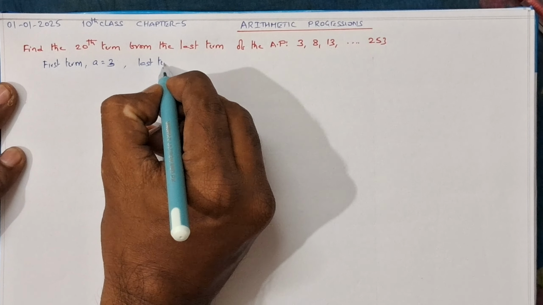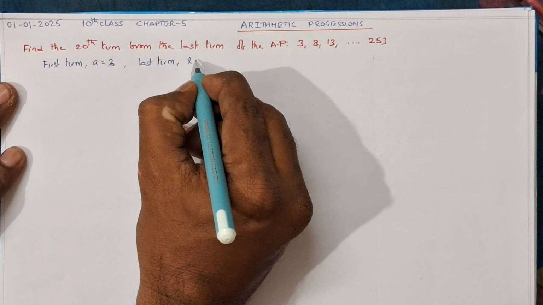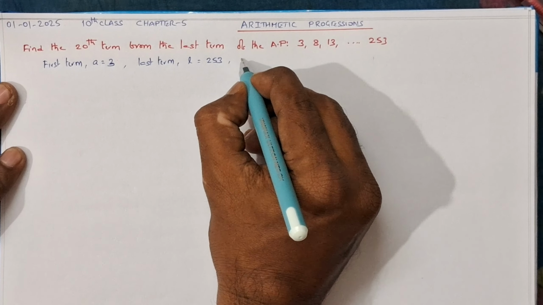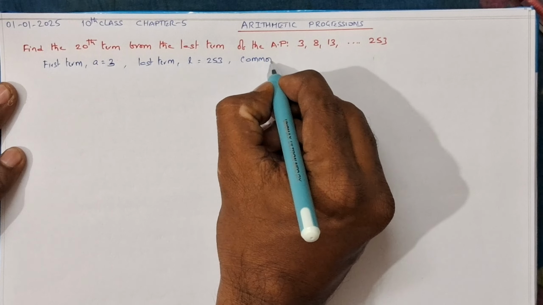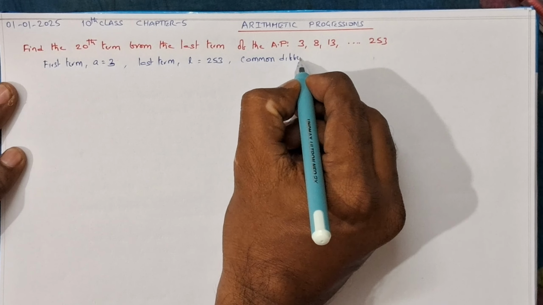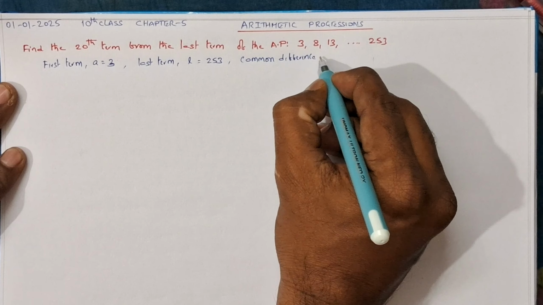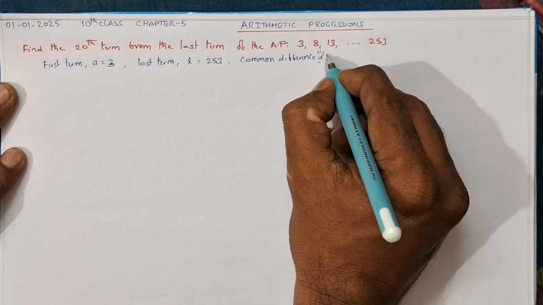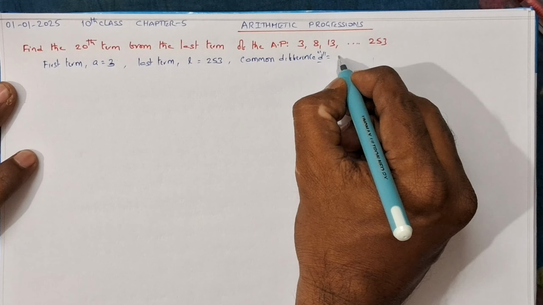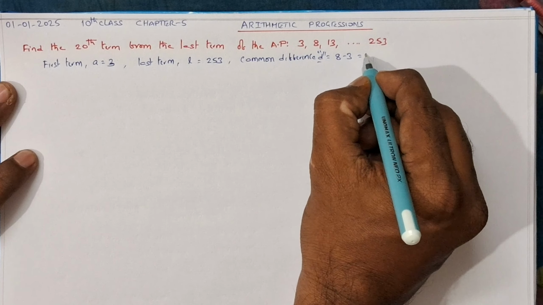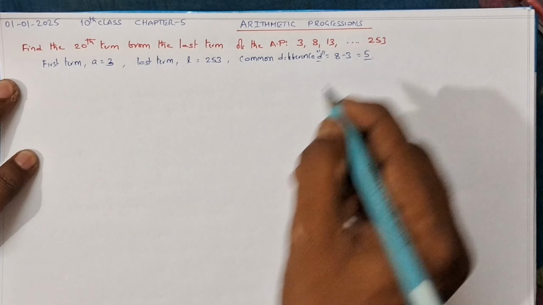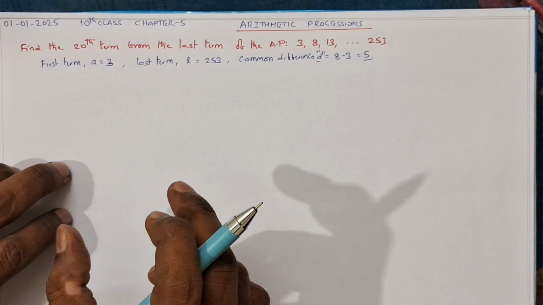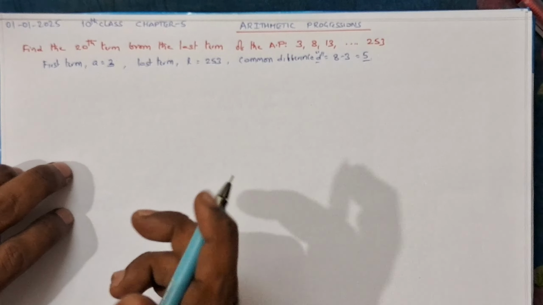Last term L is equal to 253. Common difference d is equal to 8 minus 3, that is equal to 5. So we got these. We need to know the number of terms.